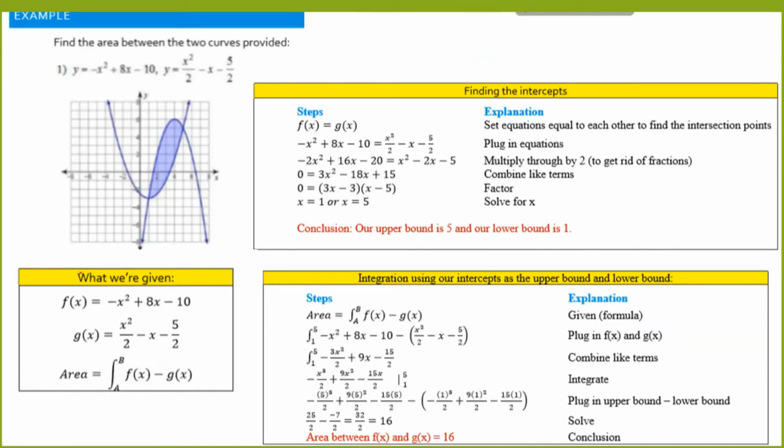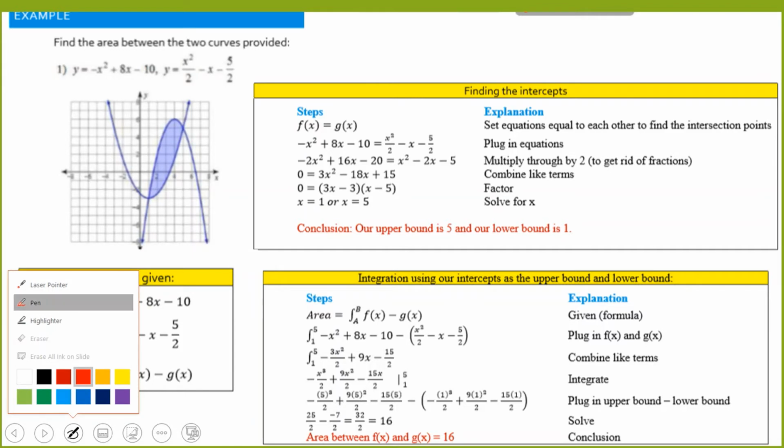Okay, so I've got two functions here. I know this one's a little bit blurry, so I've rewritten it over here, but I've got my topmost function here, which is negative x squared plus 8x minus 10, or this function right here on top. I know that that's the function they're referring to because this is a parabola opening down.